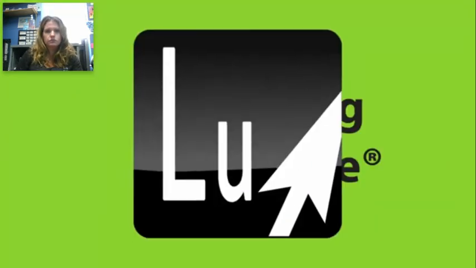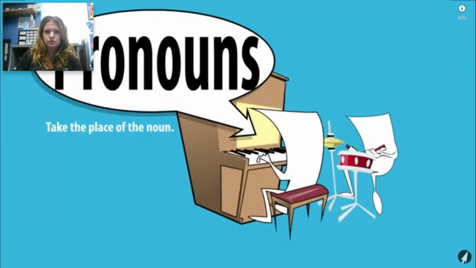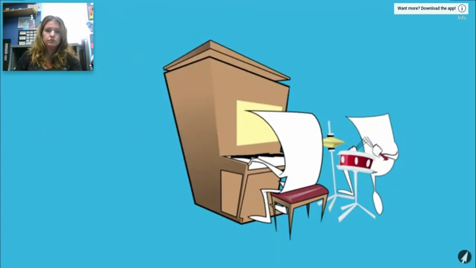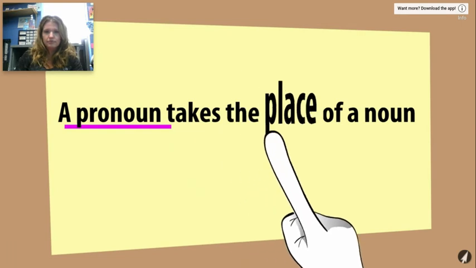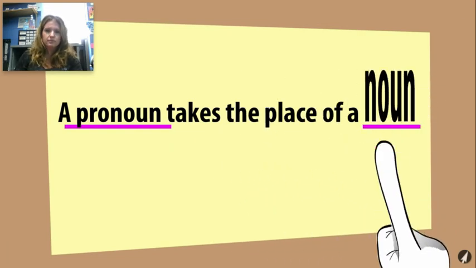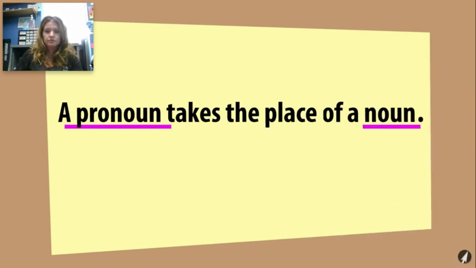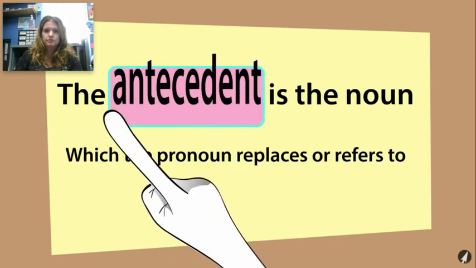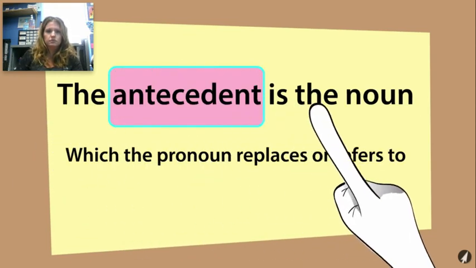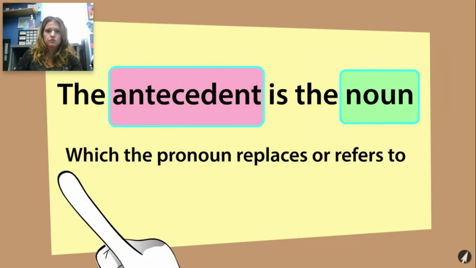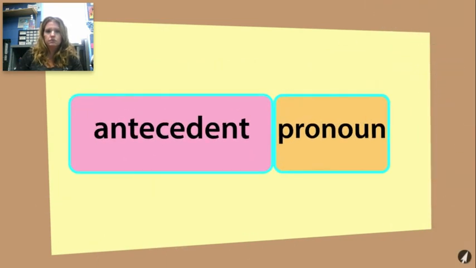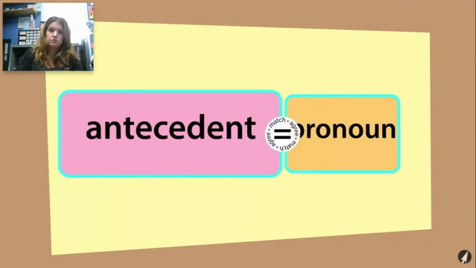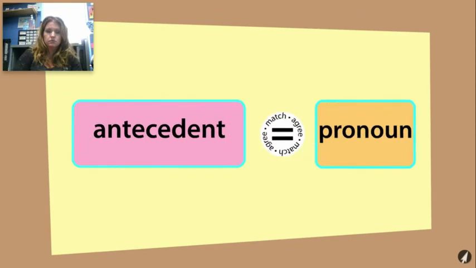Learning Upgrade. Now listen up. A pronoun takes the place of a noun. The antecedent is the noun which the pronoun replaces or refers to. The pronoun and antecedent must match or agree.